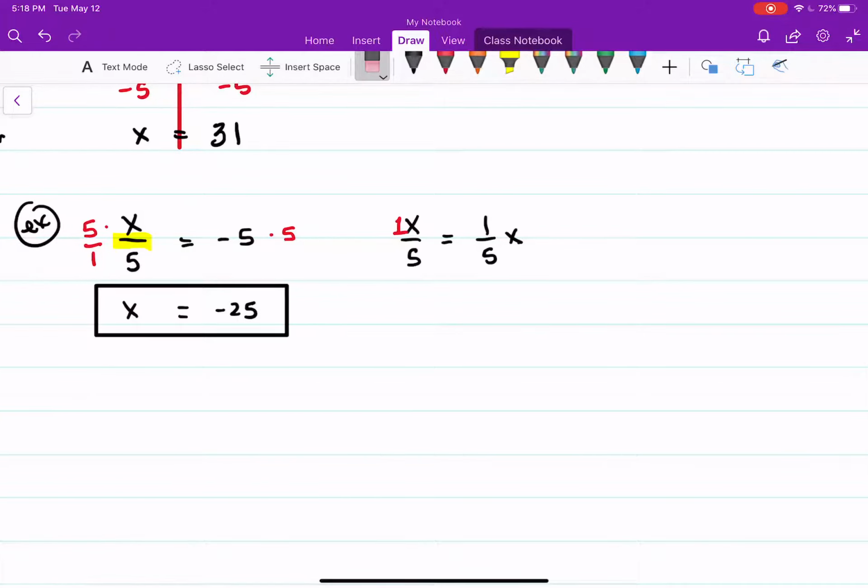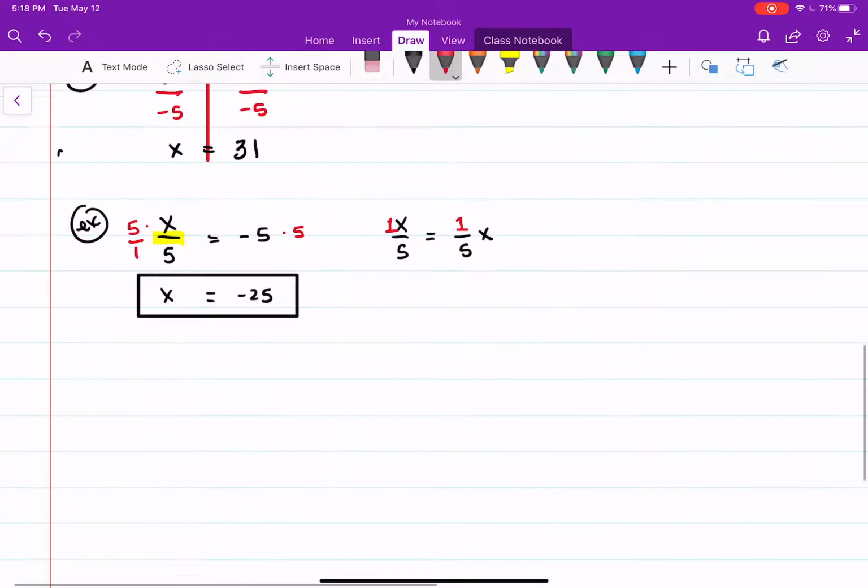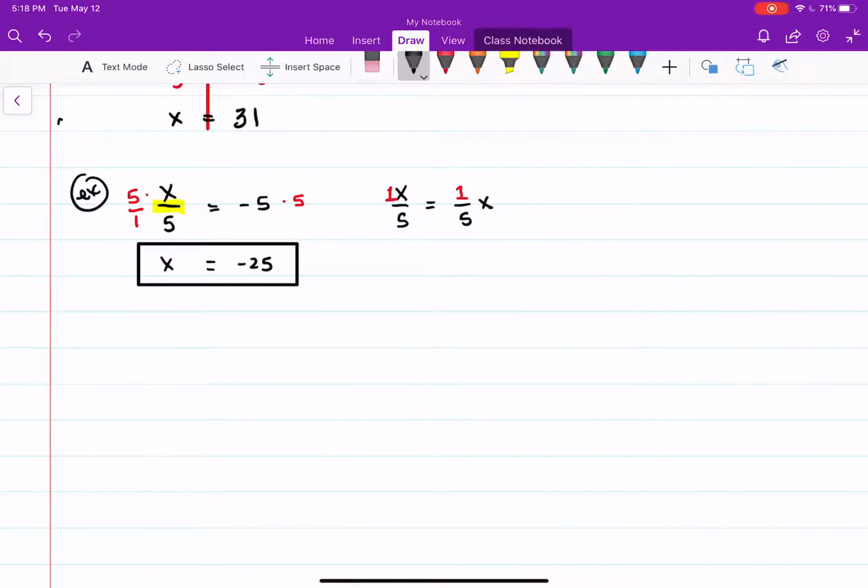So, let me just do it this way so that you guys can see what I'm talking about. All right, so you got the 1/5 x. So what if I had the problem as 1/5 x equals -5? Are you gonna divide by 1/5? You're like, I've never seen that before, right?